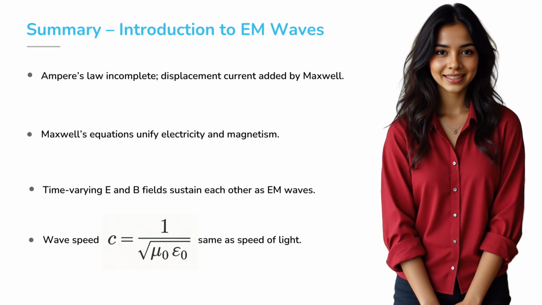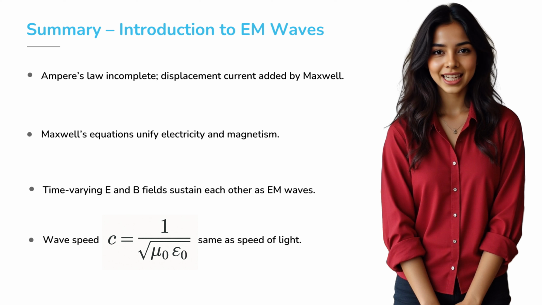So let's wrap this up. We began with Ampere's law, saw its failure for time-varying fields, and watched Maxwell rescue it with the displacement current. Then, we admired Maxwell's four equations, the crown jewels of electromagnetism, unified under a single elegant framework.